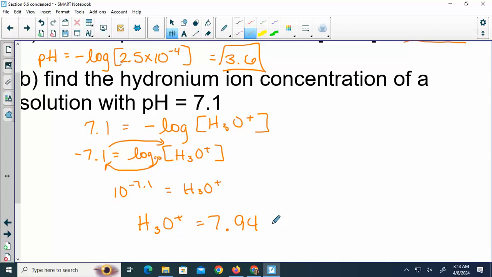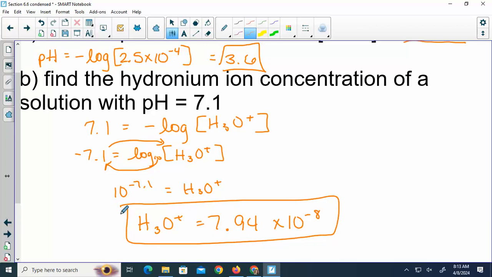And then at the end it has E negative 8, so that's scientific notation, so times 10 to the negative 8. So the H3O+, like we already saw in part A, is usually written in this scientific notation. Questions there?